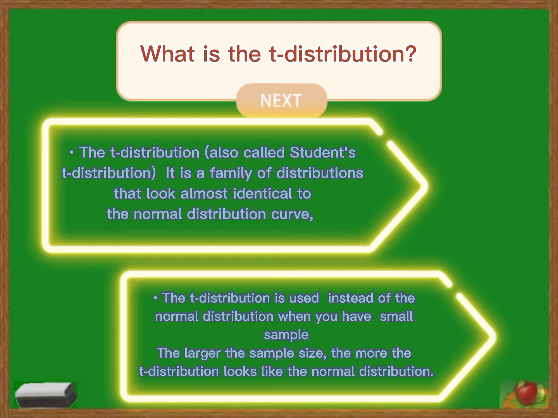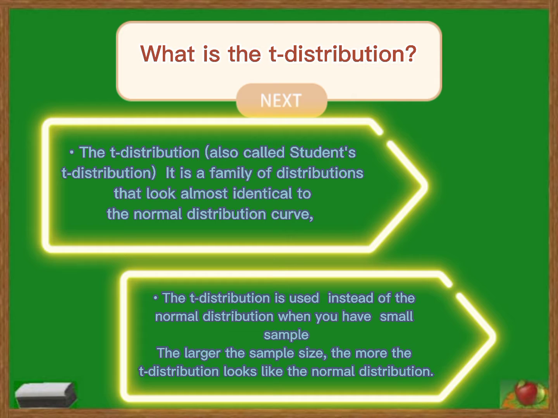The t-distribution is used instead of the normal distribution when you have a small sample. The larger the sample size, the more the t-distribution looks like the normal distribution. In fact, for sample sizes larger than 20, the distribution is almost exactly like the normal distribution.